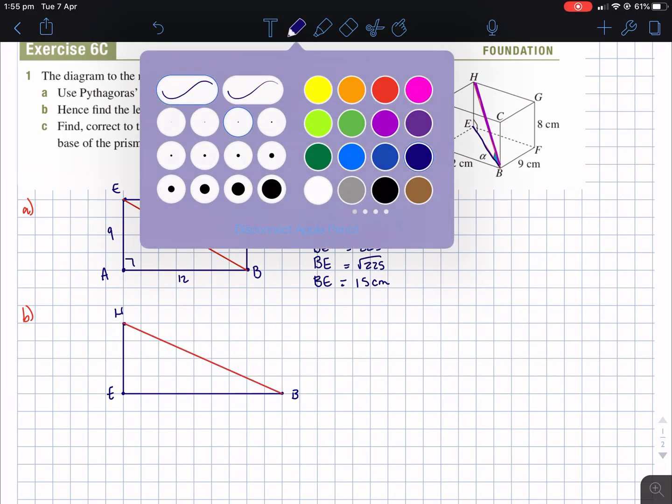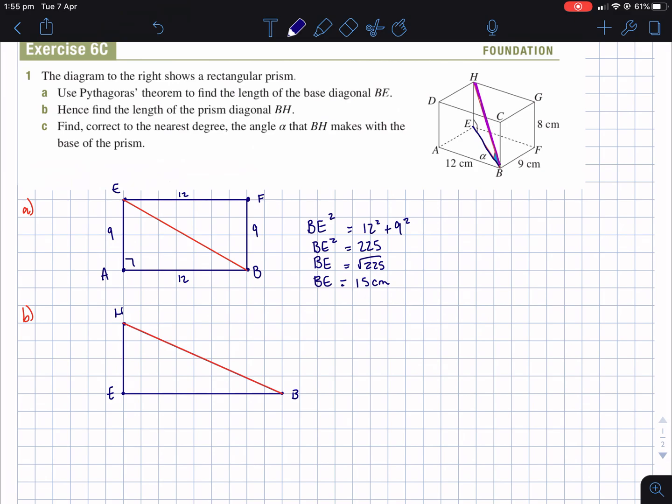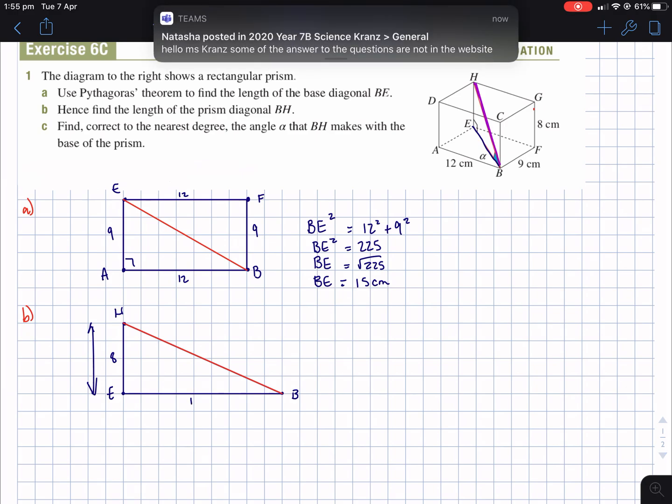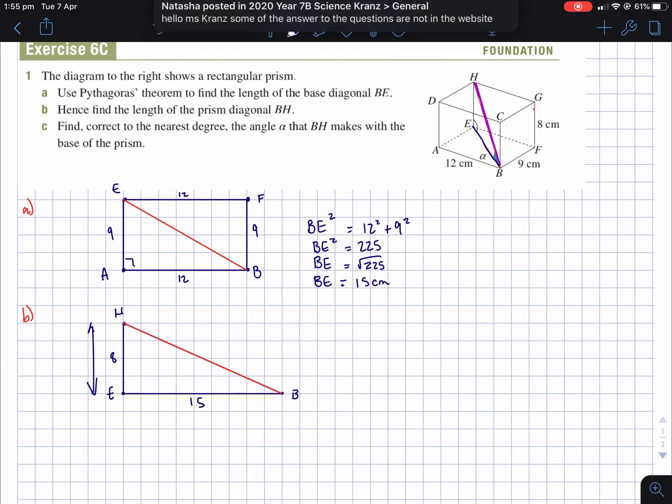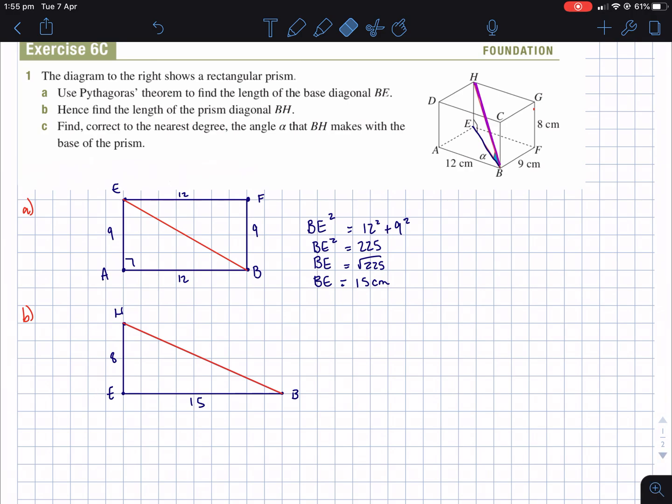BH. Now, do we know the length of HE? On this diagram, it's this one, and they're the same as this one, so we know it's going to be 8. We know the bottom length BE because we just found it, it's 15. Now we have to find BH.